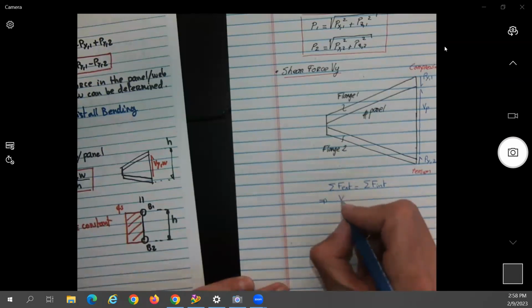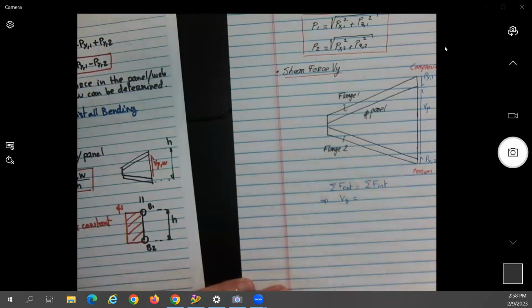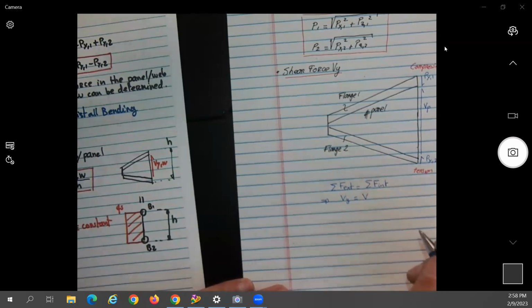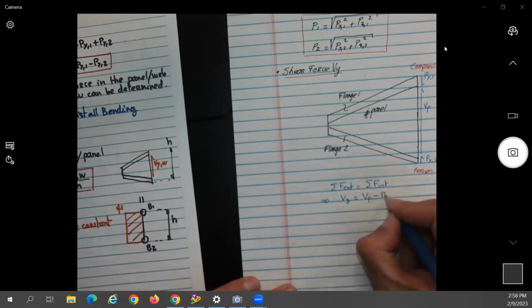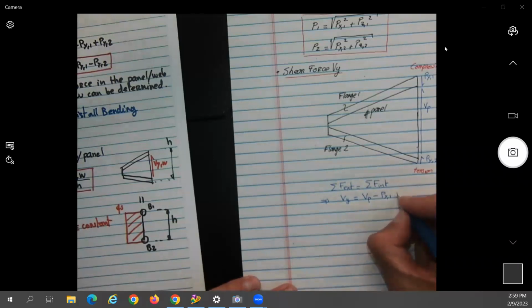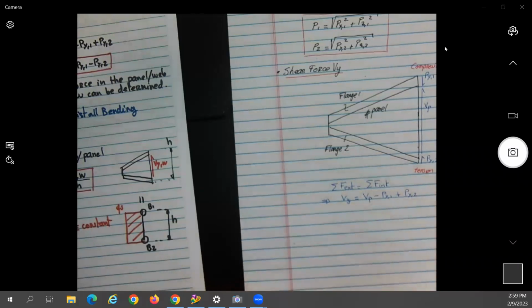That means that Vy, the external force, the way I plotted it, if you plot it differently it's fine, will be resisted by V. Let me write it down and then we stop. So we have Vy equal to Vp minus Py sub 1 plus Py sub 2.